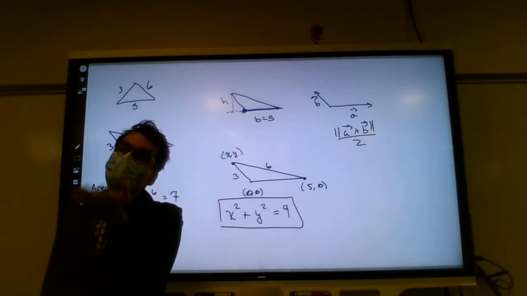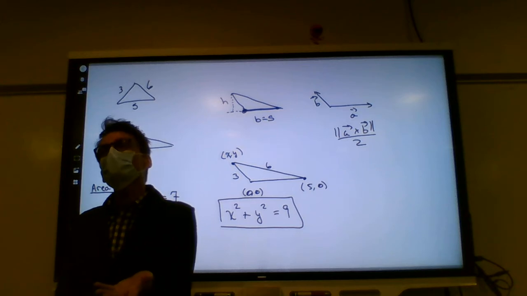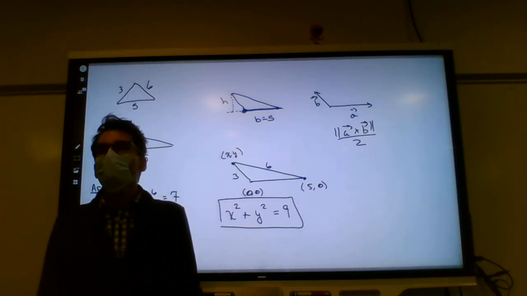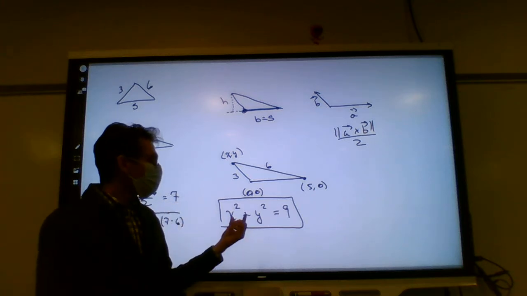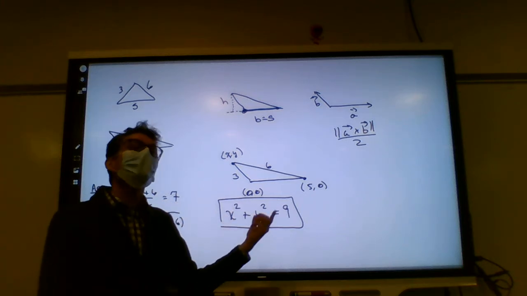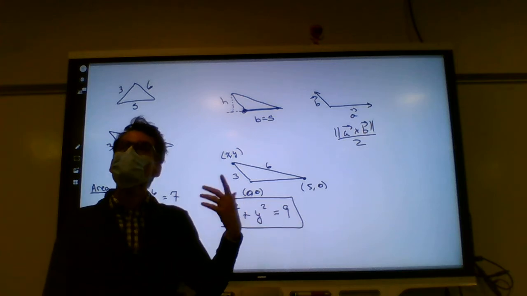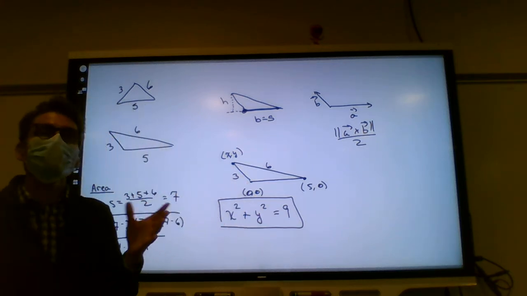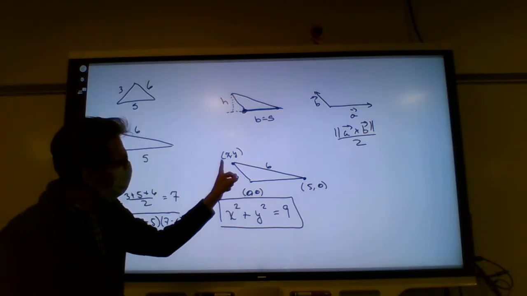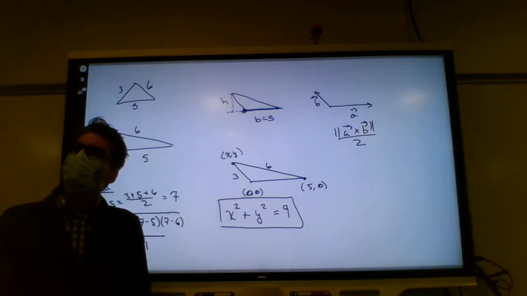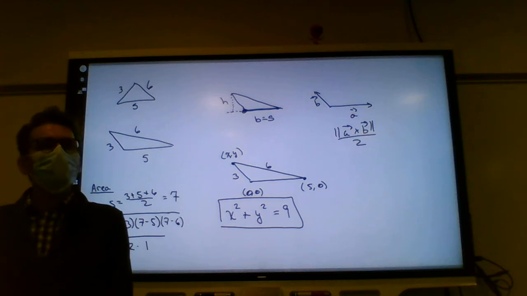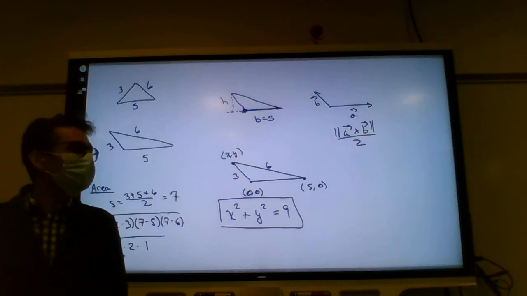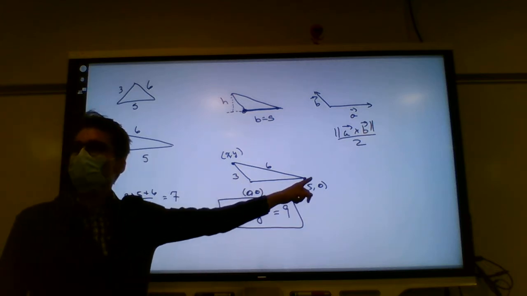So if x did turn out to be 1, what would y have to be? Well, if x was 1, then y squared would be 8, right? It could be plus or minus, I guess. There's something to consider there. What do we know about the x and y values beyond the fact that x squared plus y squared is 9? x needs to be a negative number because of the direction that it's pointing relative to the origin.